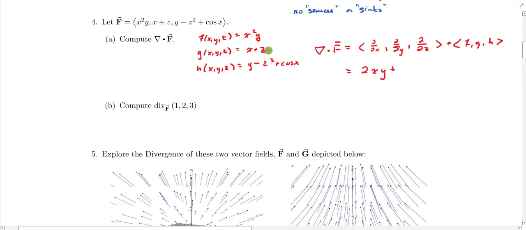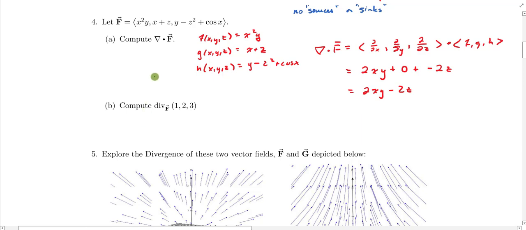When I take the partial derivative of the second component function with respect to the variable y, I get plus 0, plus when I take the partial derivative of the third component function with respect to z, I get minus 2z, and so we can rewrite this as 2xy minus 2z, and this gives us the divergence of this vector field. Remember, you can think of divergence as a scalar function that tells us how much any point in the vector field in that space is behaving like a sink or a source.